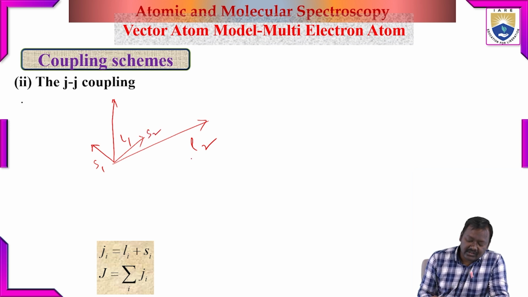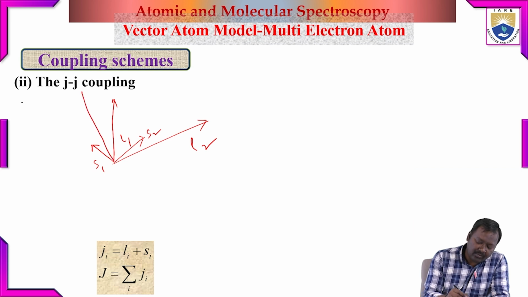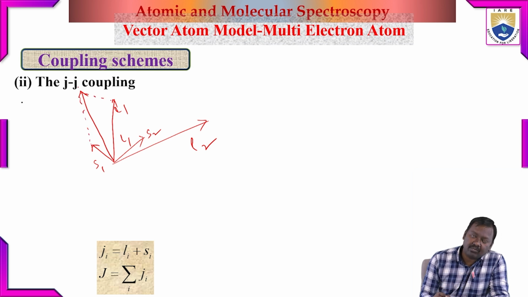The total angular momentum J1 will be taken by adding the individual spin quantum number and orbital quantum number.